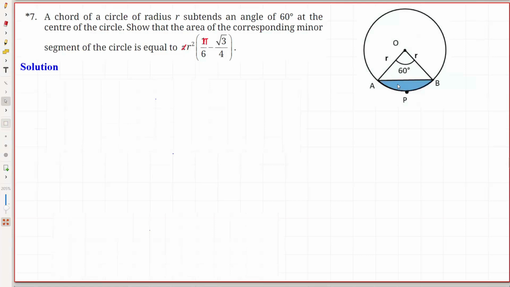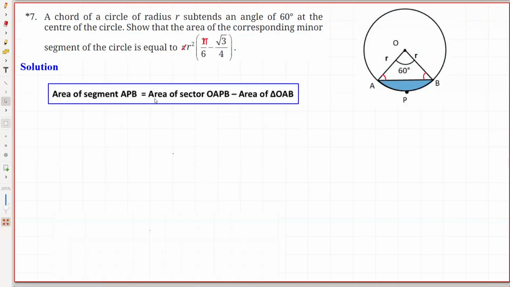We know that the area of the segment is equal to the area of the sector minus the area of the triangle. Since the angle is 60 degree, this is an isosceles triangle, so the base angles are equal and everything becomes 60 degree. So this is an equilateral triangle.